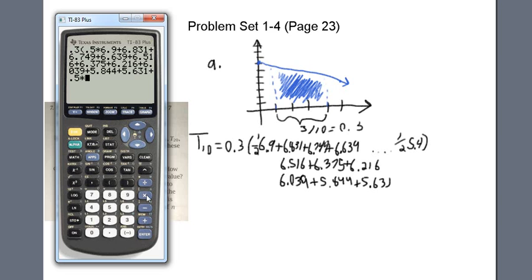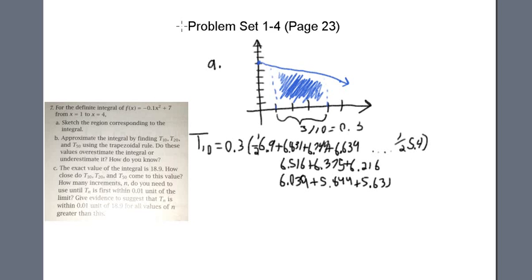I just want to glance, make sure it all looks right. Make sure I don't have a decimal or a plus in the wrong spots. Looks good. And the parenthesis, and there we go, 18.897. So T of 10 is 18.897.